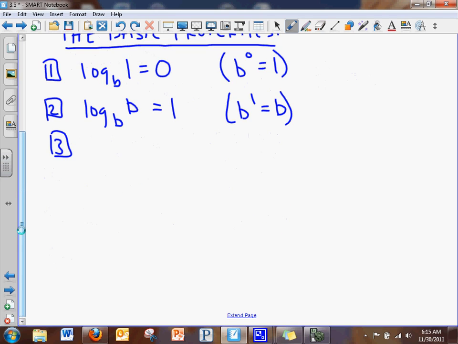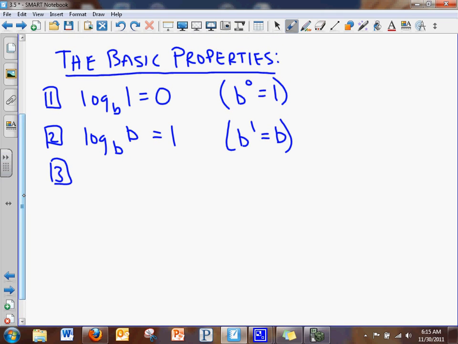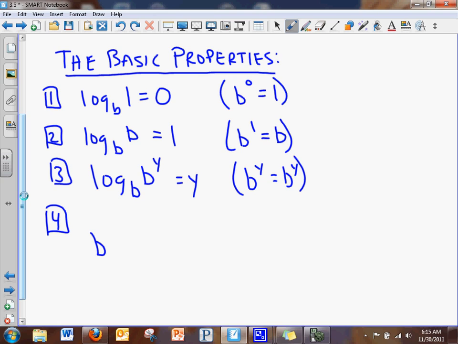Number 3: if we have an exponent inside the log and the bases are the same, it's always equal to the exponent. That's true because b to the y is equal to b to the y. And the last one is if the log is in the exponent and the bases are the same, that's still equal to y.